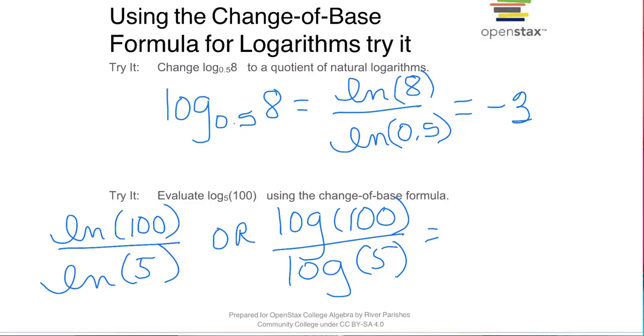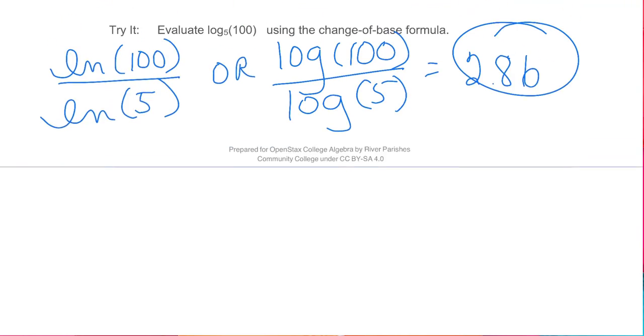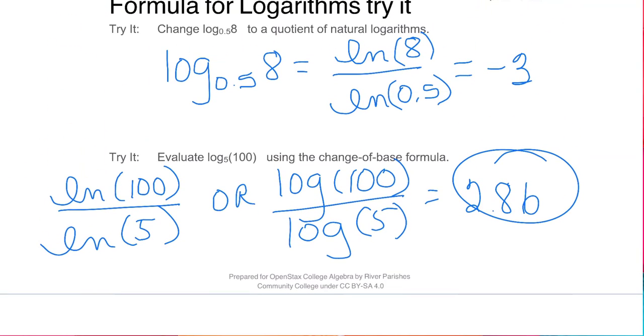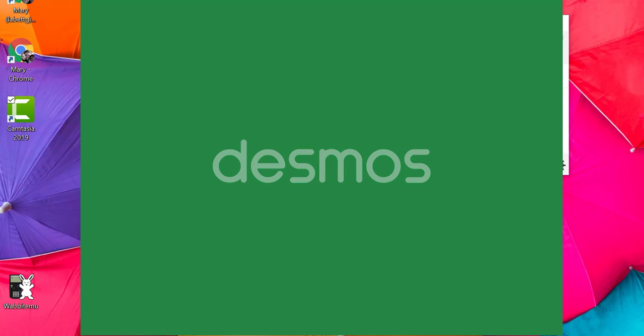So either way, natural logs, common logs, you can use either one in the change of base formula. I just really quick want to show you if I did log base 5 of 100 with Desmos.